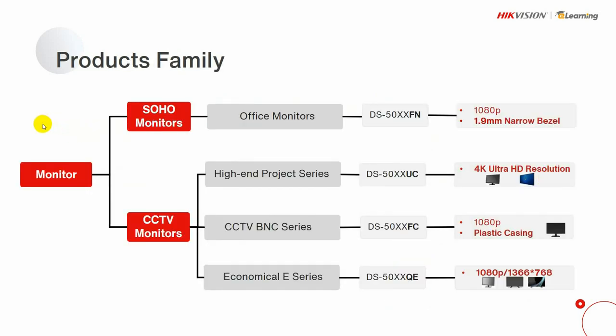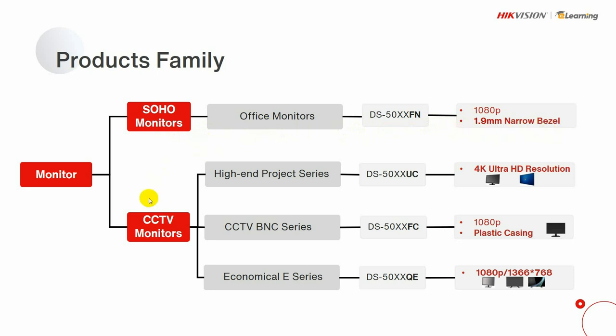So here's a linear map of our product family of monitor products. Basically our monitor products are divided into two parts. The first is Soho monitors and then CCTV monitors. The Soho monitors are actually office monitors, and there is the FN series, which has 1080p resolution and a 1.9mm narrow bezel.